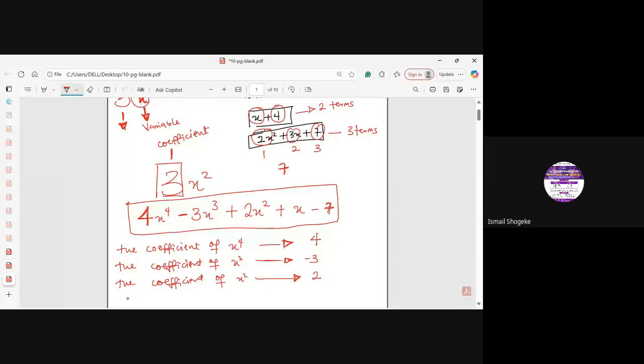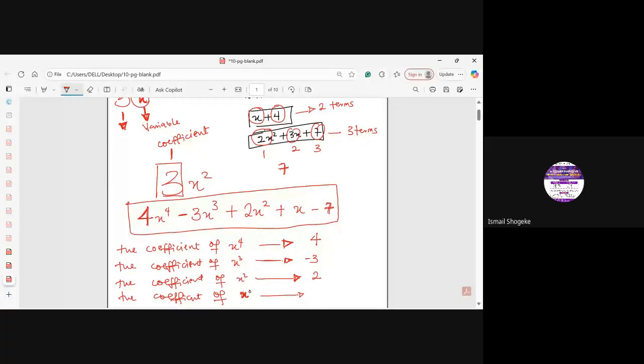What's the coefficient of x? Now, this x has a power 1, but we don't like to write it. There's a power 1. So instead, we just write x. There's something common in mathematics. We don't like to write the 1.